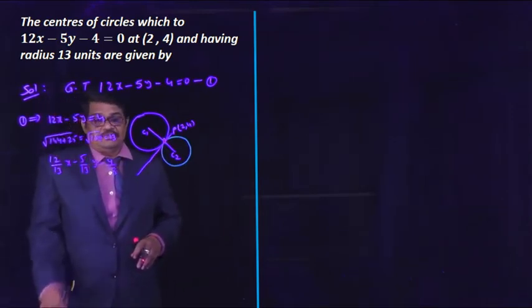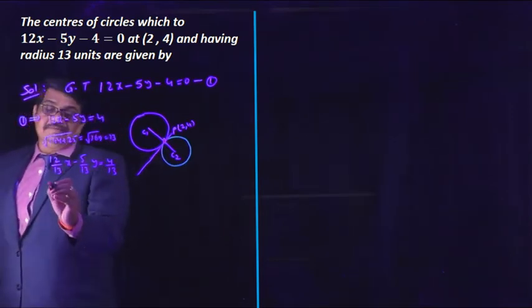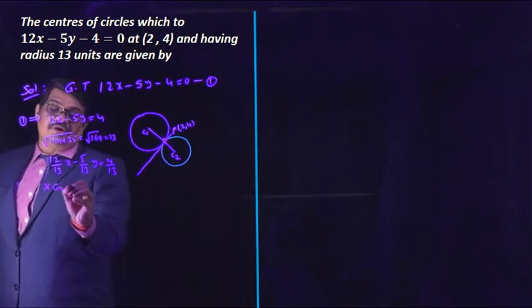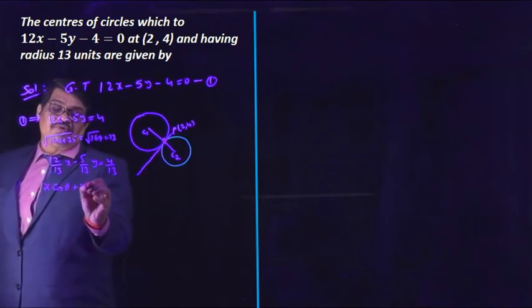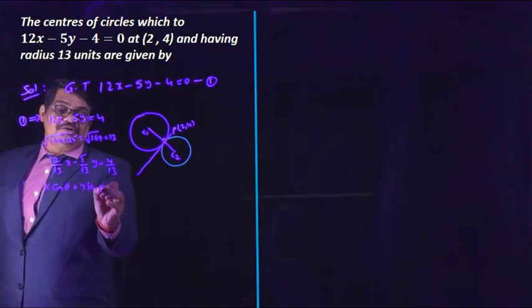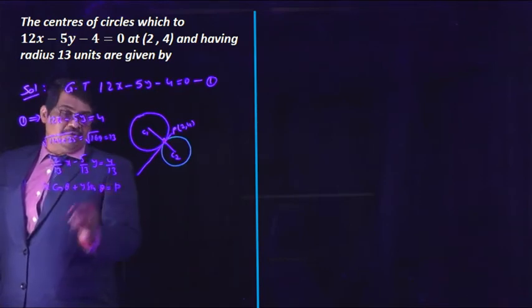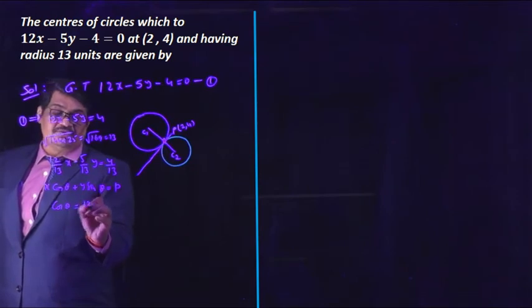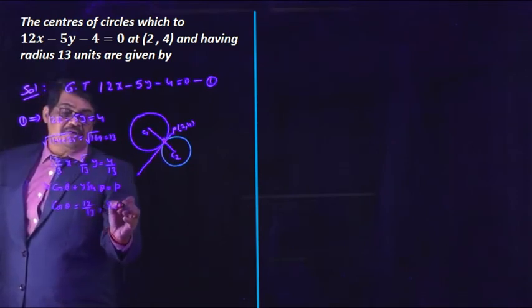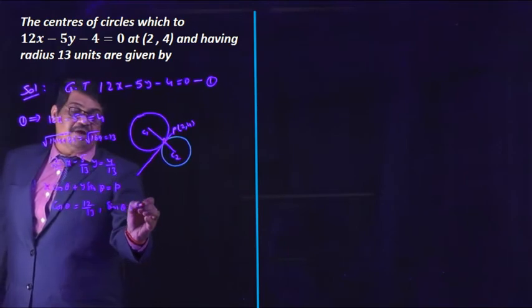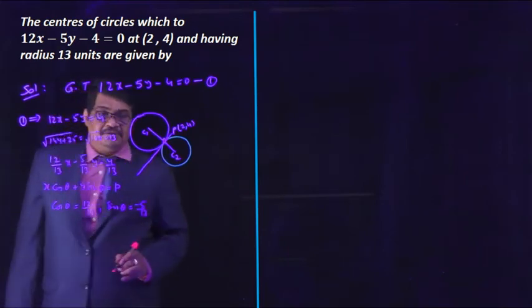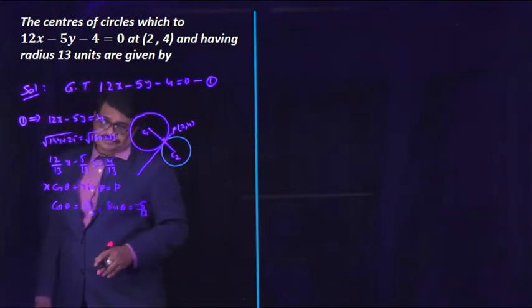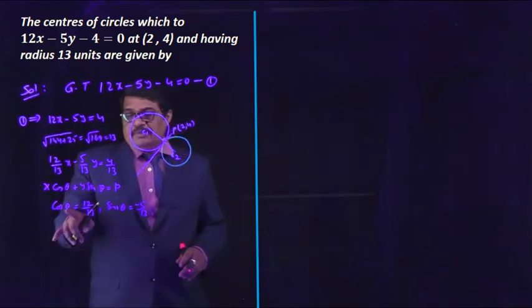What is the normal form? x cos theta plus y sin theta is equal to p. Now we are comparing, what is cos theta here? Cos theta is 12 by 13 and sin theta is minus 5 by 13. So these are the parametric angles.